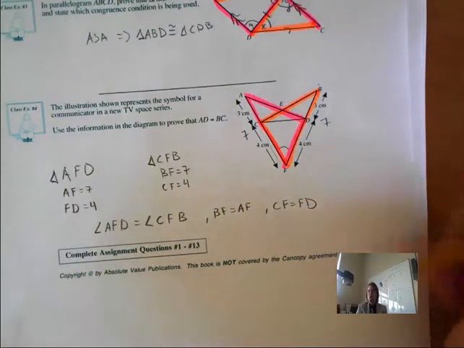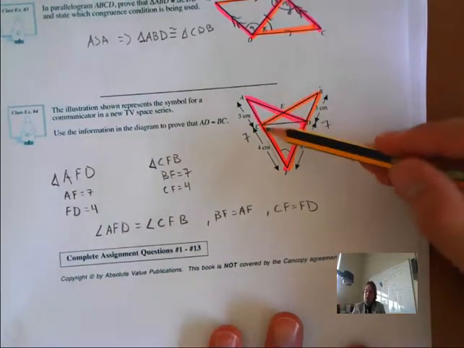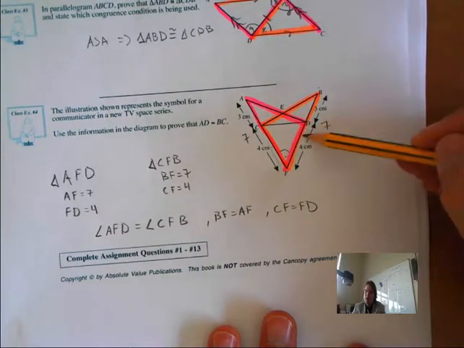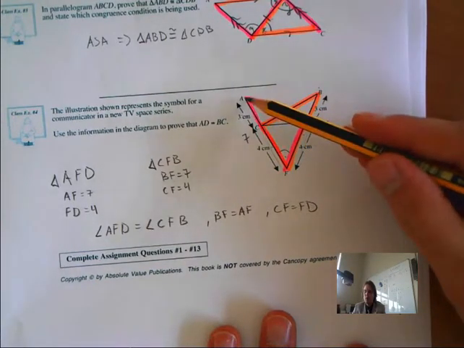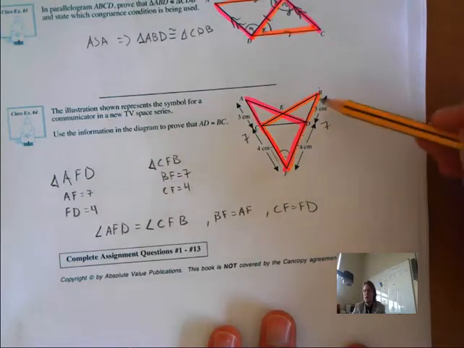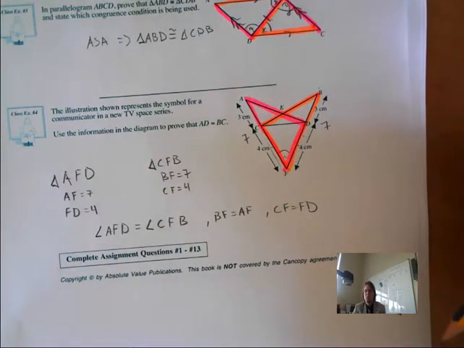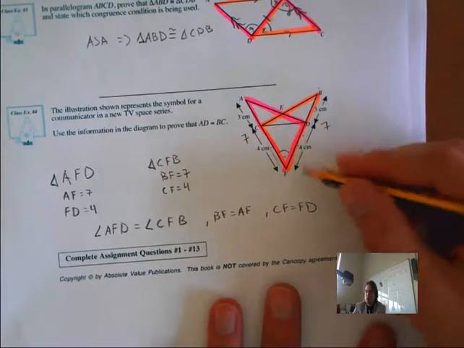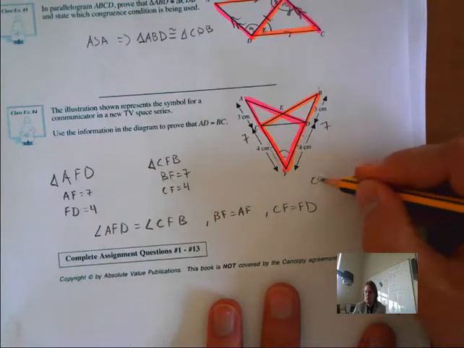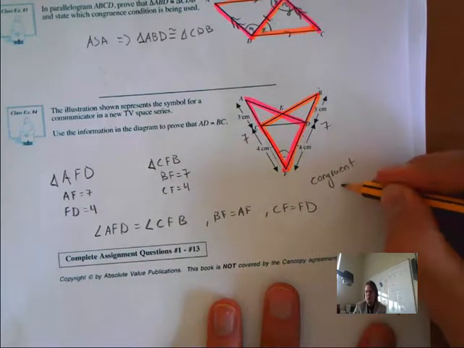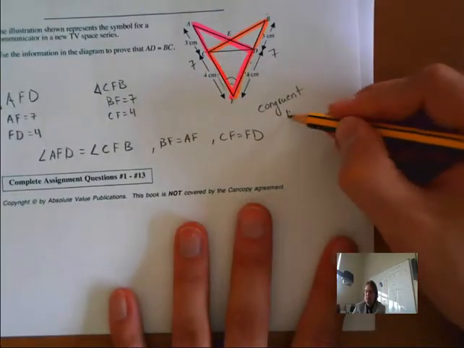So following that, we know the side, angle, side. We have a side, angle, and side, and then here we have a side, angle, and side. So therefore, these are congruent due to side, angle, side.